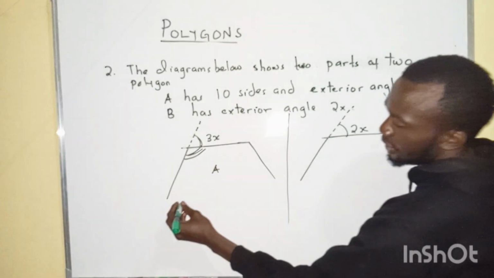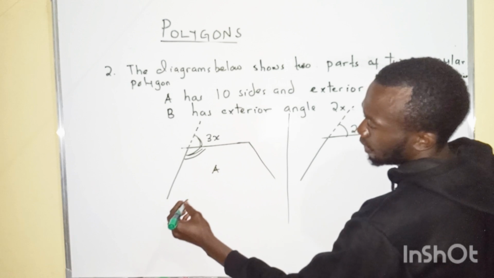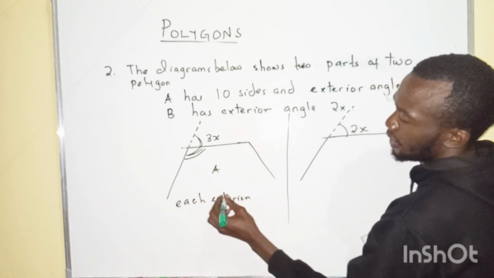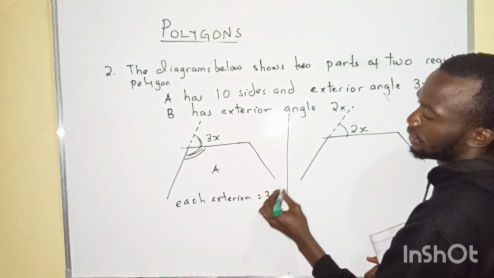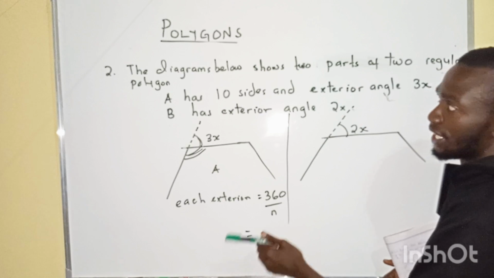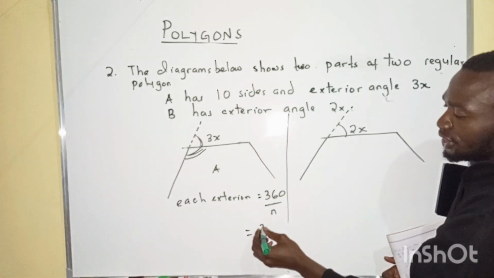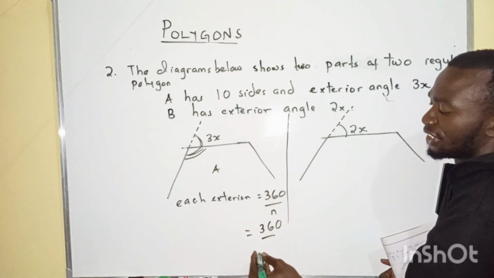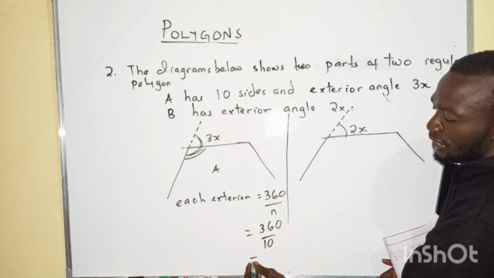Each exterior angle is equal to 360 over n. So in A, that is 360 over the number of sides, which is 10, because it is a decagon. This gives you 36 degrees.